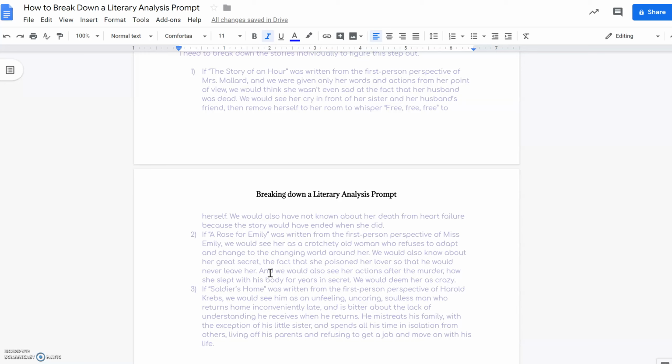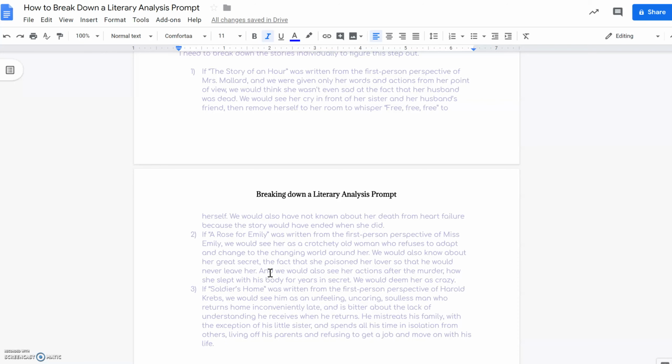And then we would also see her actions after the murder, how she slept with his body for years in secret. All of those things, from her perspective, would give us the idea that she was crazy, a bitter old woman with a nasty secret, and we wouldn't understand.